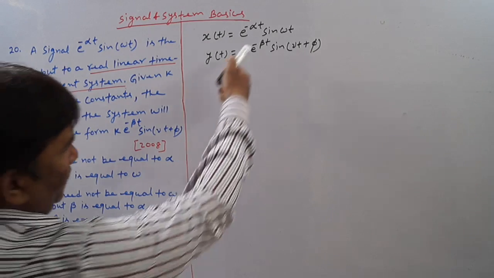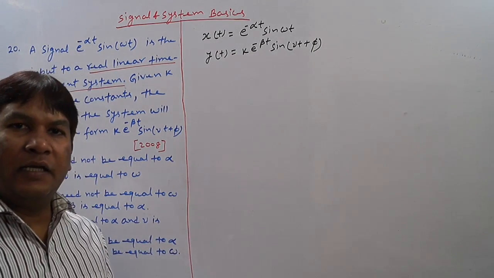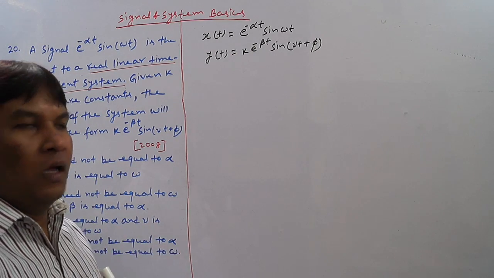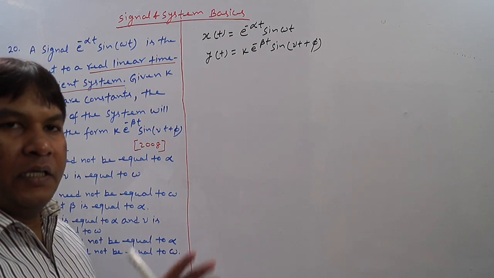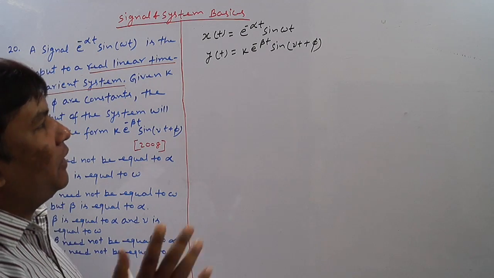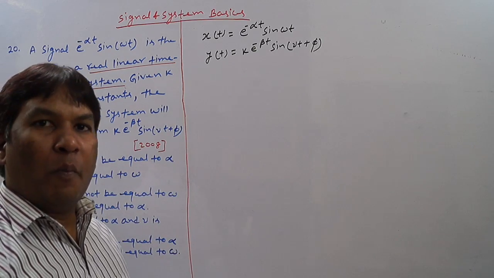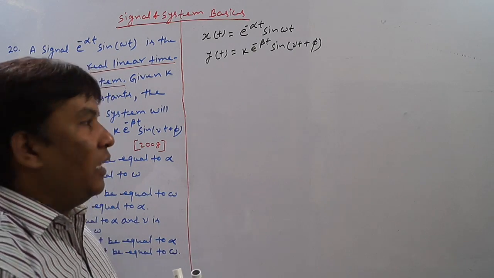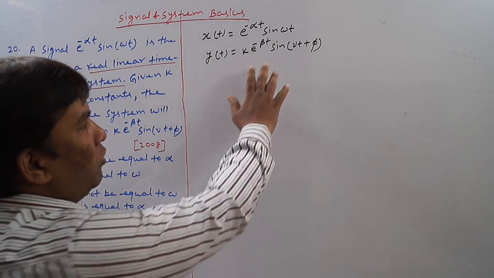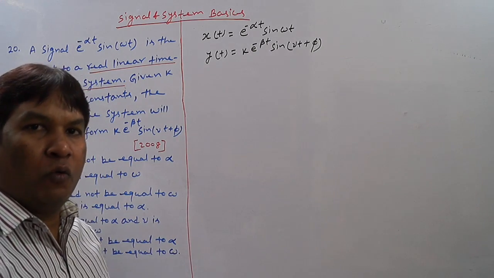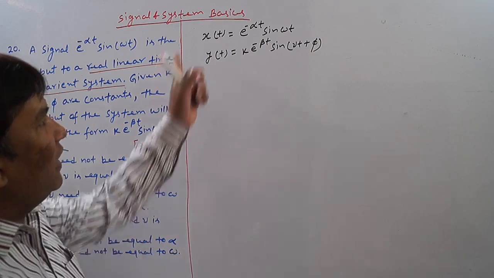So for this system to be a linear time invariant system, y(t minus tau), the delayed output, must be equal to the output we get if we apply the delayed input.